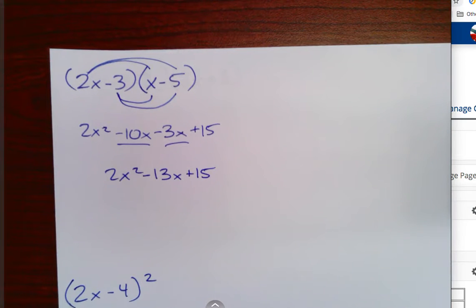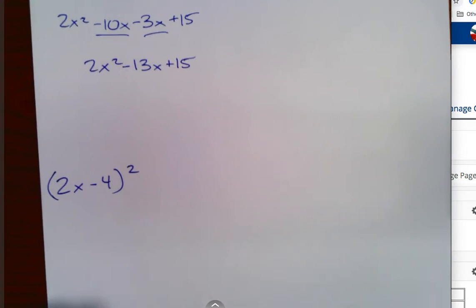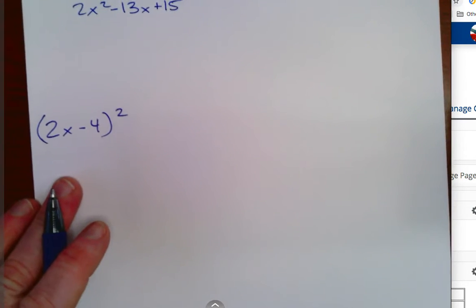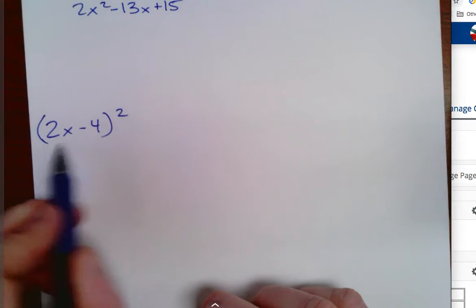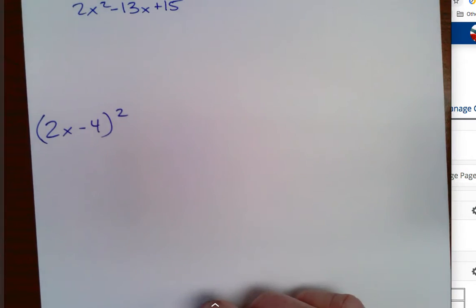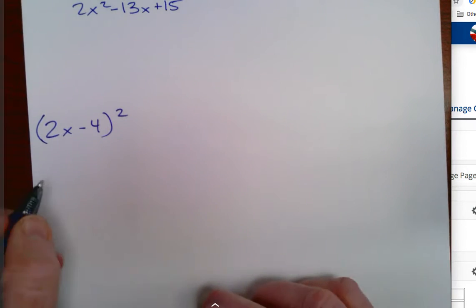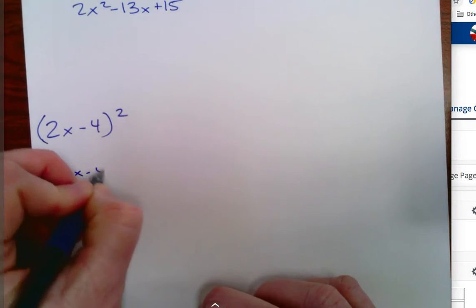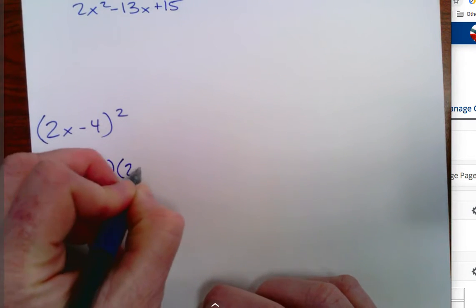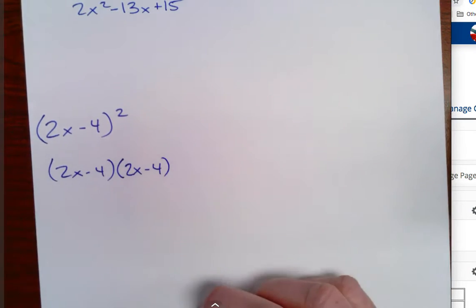All right. This problem always causes issues because people just try to square this term and square that term. But you will miss some of the multiplying if you do that. This is 2x minus 4 times 2x minus 4 two times.